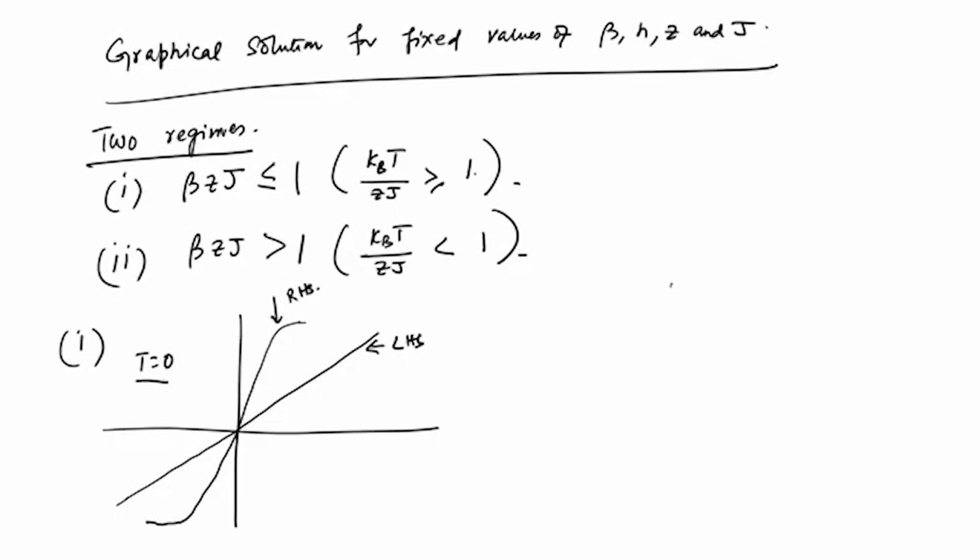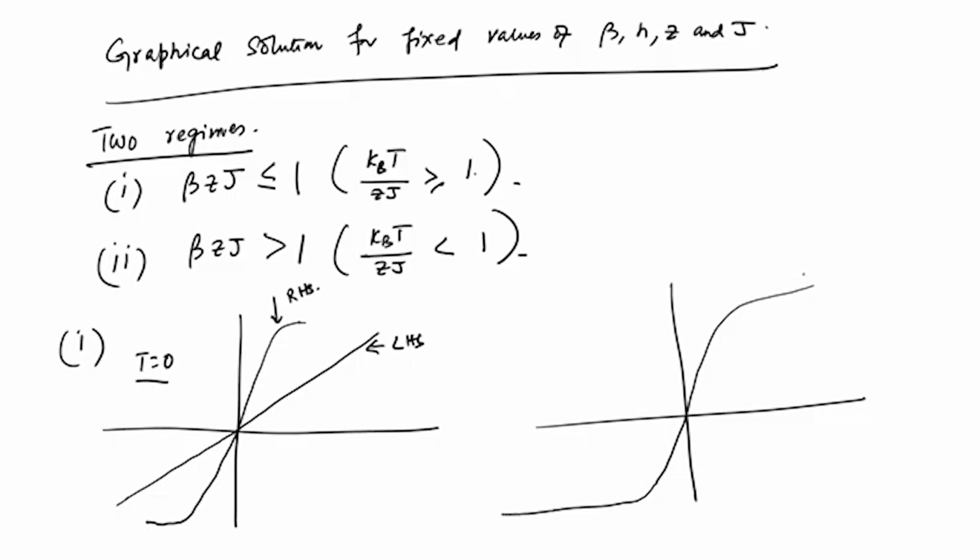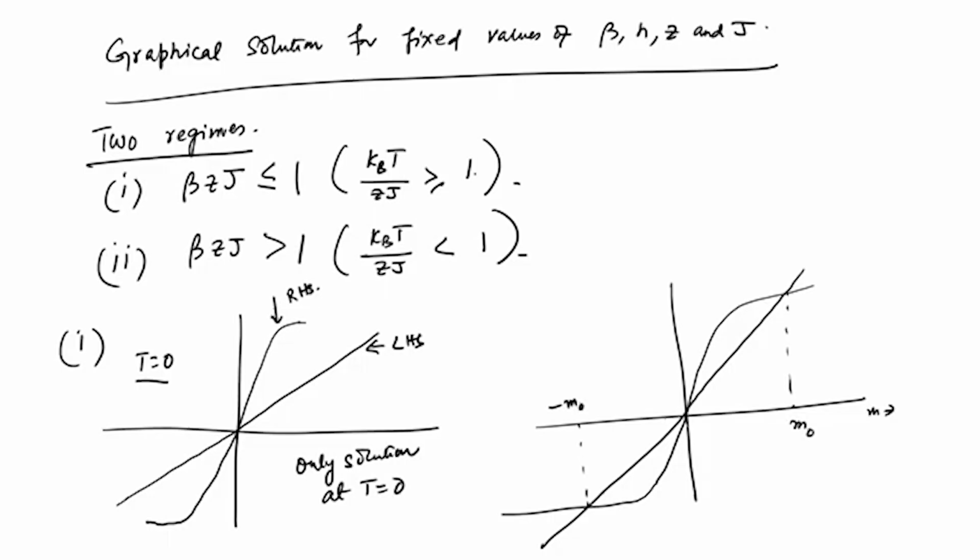And for the other case, the plots would look like this. Once again, I am not drawing it very well, but it is a tanh curve, and you have only a solution at m equal to 0 and one solution at plus m0. So, this is m basically, and this is minus m0 and also at 0. So, 3 solutions corresponding to the second case.